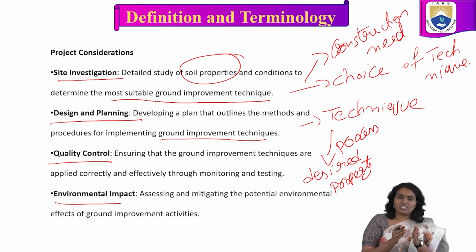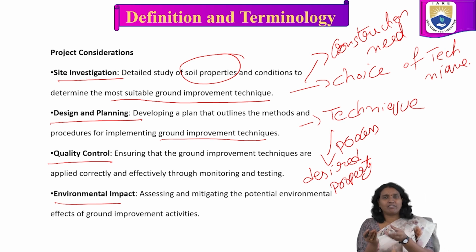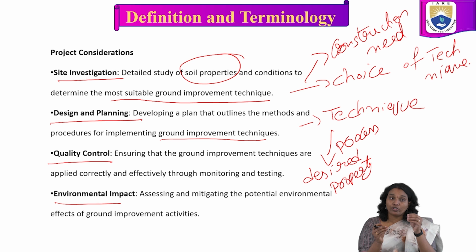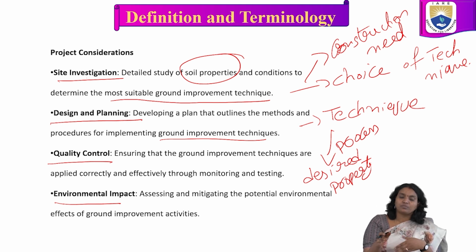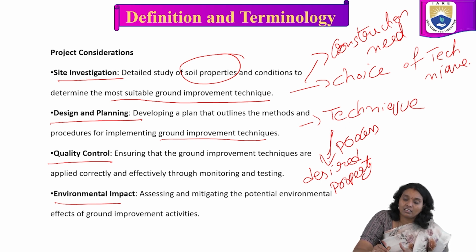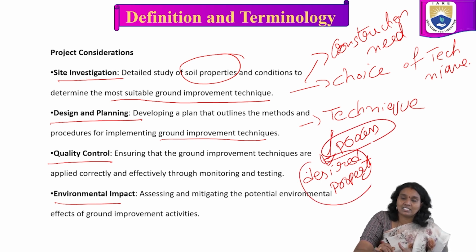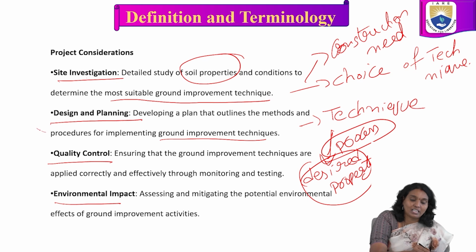In some situations an installation process is there. Some techniques demand more time, and some take less time. For example, compaction piles are driven into the ground. It depends on the technique and the process, and we get the desired properties according to the design.